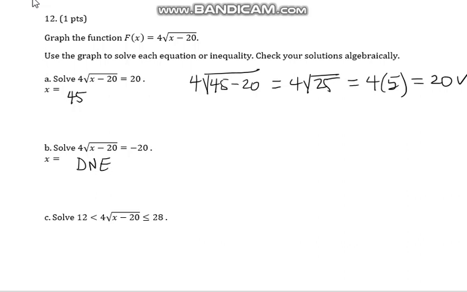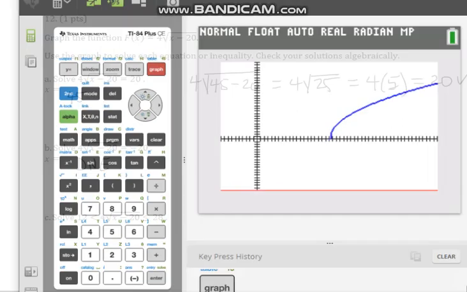In part C, we're asked to solve the inequality when 12 is less than 4 times the square root of x minus 20 is less than or equal to 28. So we're going to plot both the lines at 12 and 28 and find the intersections.